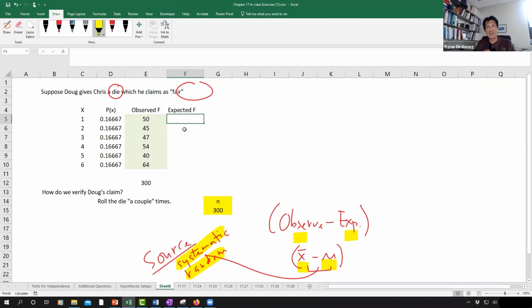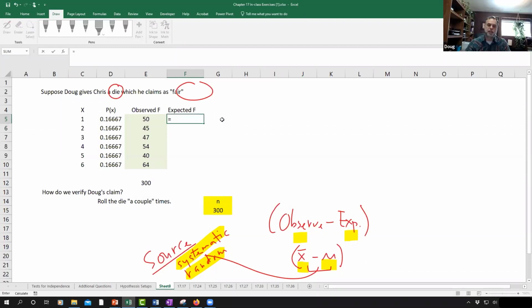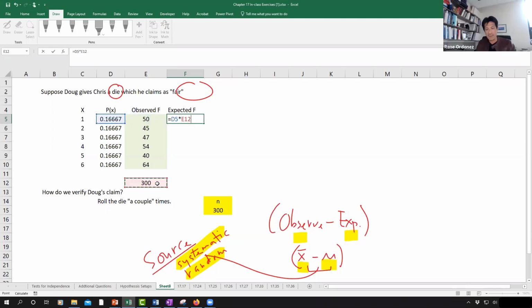How many are expected to appear as 2, and so on and so forth? What is the expected value? My die is guaranteed to give you 50 each time, so that's your expected. Okay, how did you arrive at that 50, Doug? I took the probability 0.16667 times my sample size 300. Okay, right. So basically the expected value is a product of the probability and the random variable.